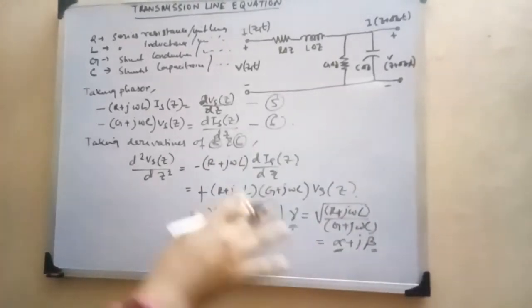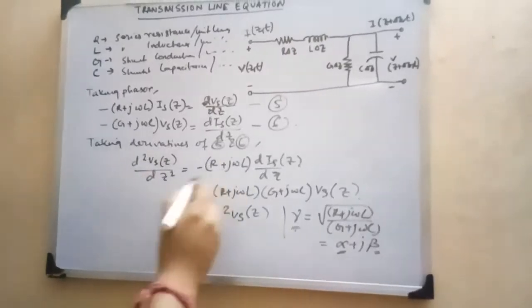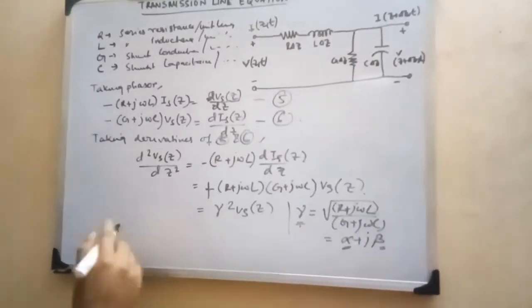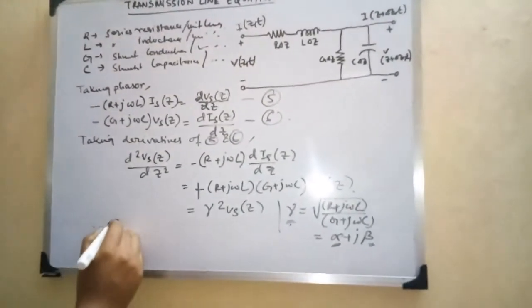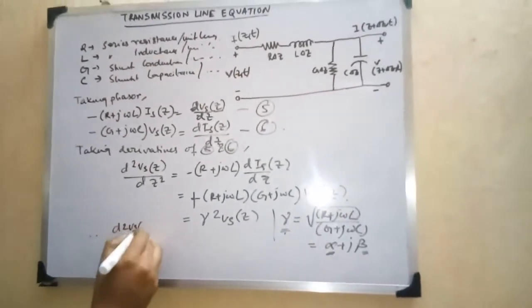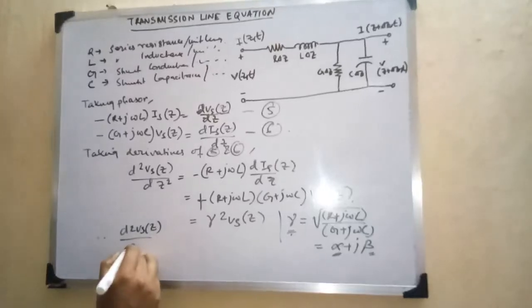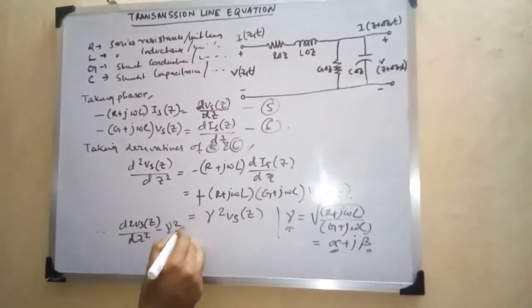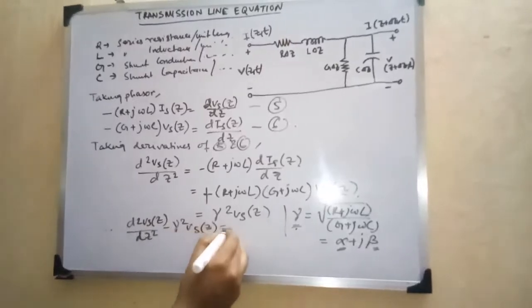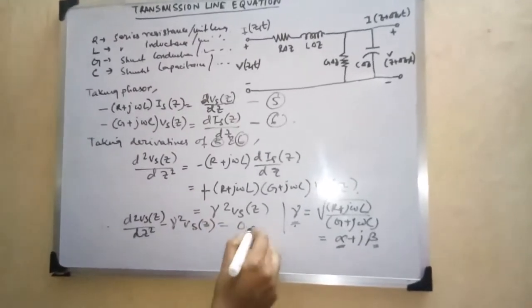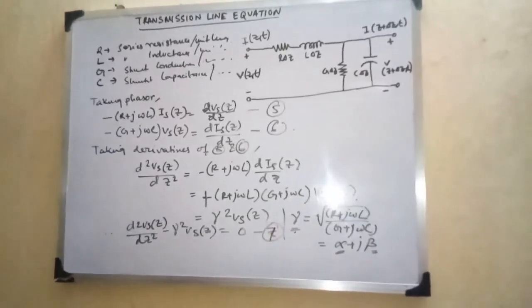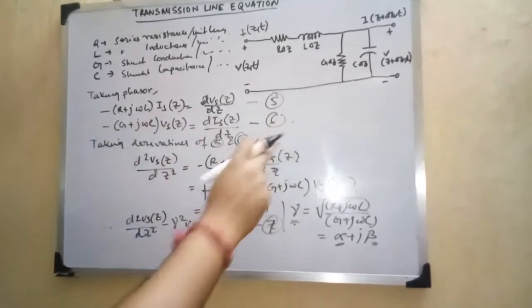So for now, taking the derivative, we arrive at this equation, right? Therefore we can write d2V_s(z)/dz2 minus gamma square V_s(z) equals 0, right? Let us make this equation number 7. Similarly we will take the derivative of expression number 6 also.